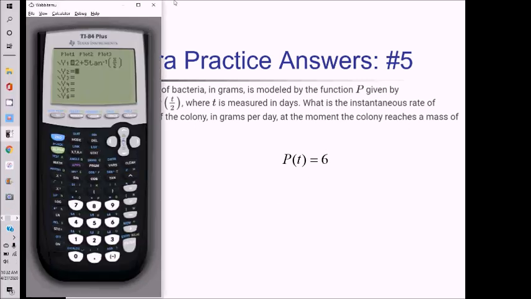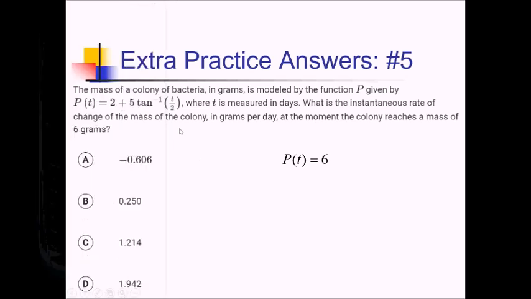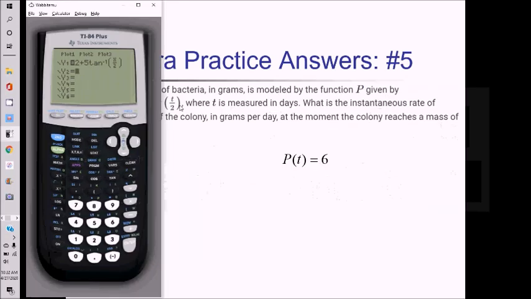So here I am in the y equals screen. I've entered my function, which was 2 plus 5 inverse tan of t over 2, in my y1, only I'm using x over 2, because that's the input variable on the calculator. I want to know when this thing equals 6, so let me plug in 6 to y2, and now I'm going to see where these things intersect.